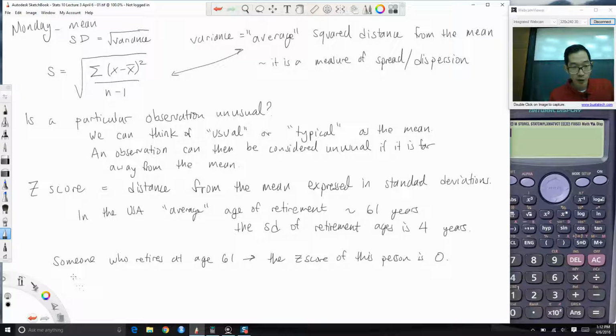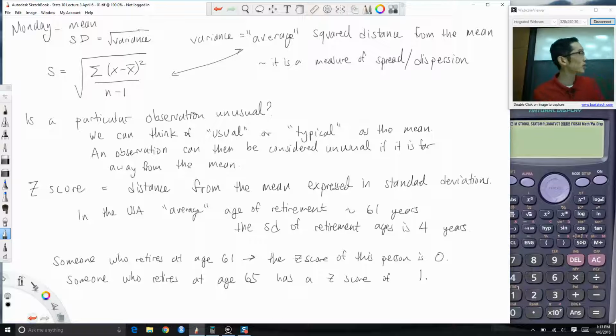Okay, someone who retires at age 65 has a z-score of what? Exactly 1, okay? This person retired 4 years above the mean, but each standard deviation is 4 years, so we would say the distance from the mean is 1, okay? 1 standard deviation above the mean, okay?